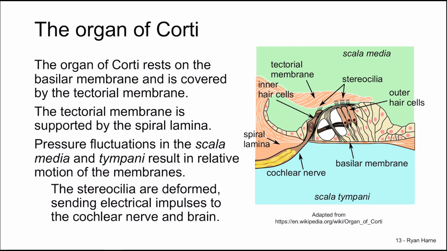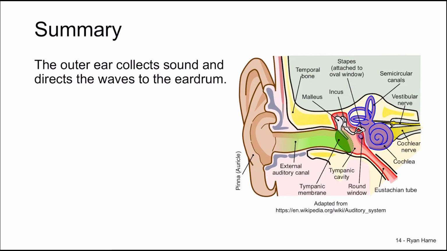Pressure fluctuations that occur in the scala media and in the scala tympani result in a relative motion of these membranes, the tectorial membrane and the basilar membrane. And as these membranes vibrate up and down, what happens is that the stereocilia start deforming. And as these stereocilia deform, they send electrical impulses to the brain through the cochlear nerve.